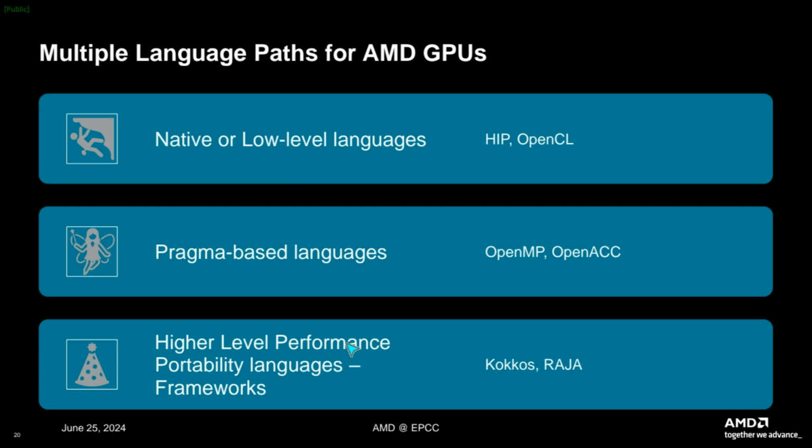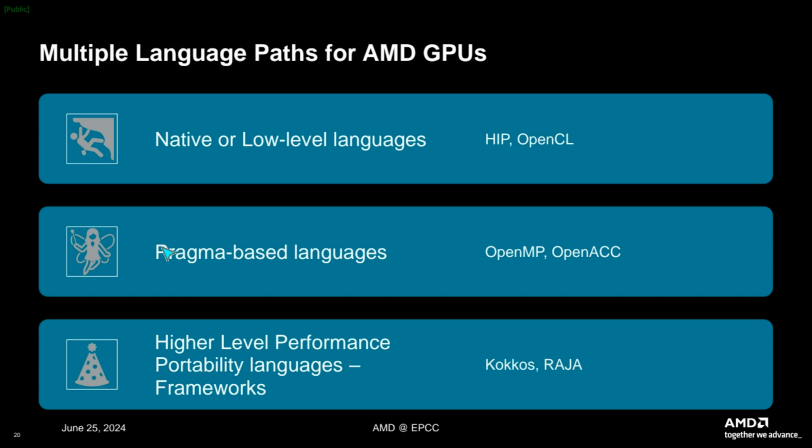And then the next level is the pragma-based languages. It's a little higher level language. You just insert these magic pragmas, and all of a sudden your loops are running on the GPU.